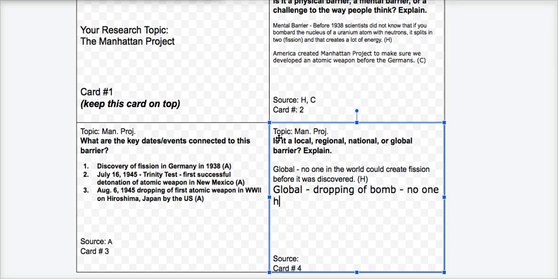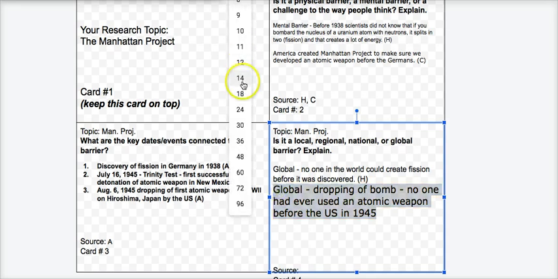because no one had ever used an atomic weapon before the U.S. in 1945. Okay, let's fix this.